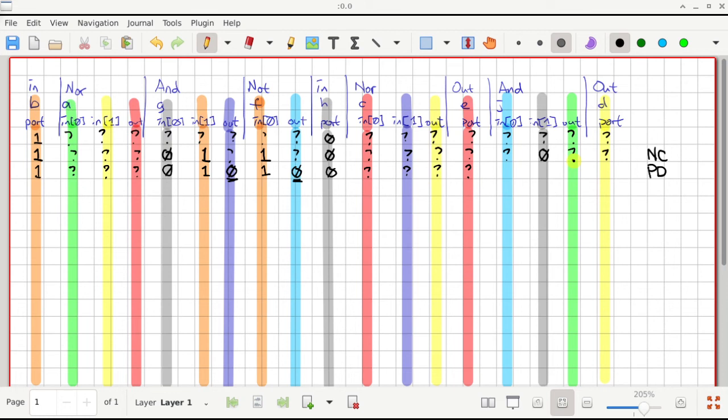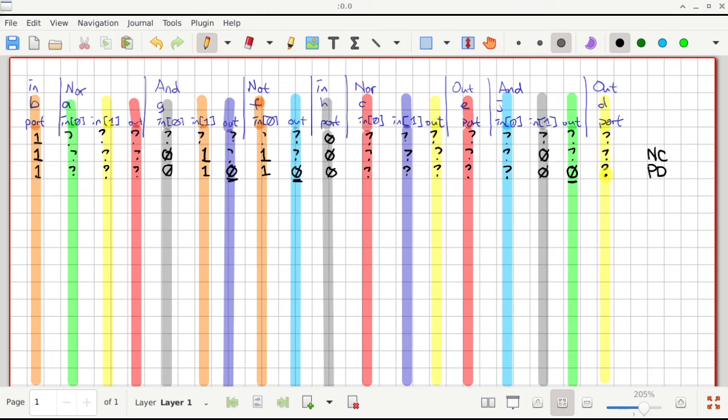Because in order for the result of an AND to be a 0, we just need at least one input to be a 0, which we have here. So that means we can indeed make a conclusion and say the output of this AND gate is going to be a 0 because we already got a 0 as one of its inputs. Okay, all right. And this is a yellow thing, which is an output pin. We just let it say, okay, we don't know exactly what it is yet.